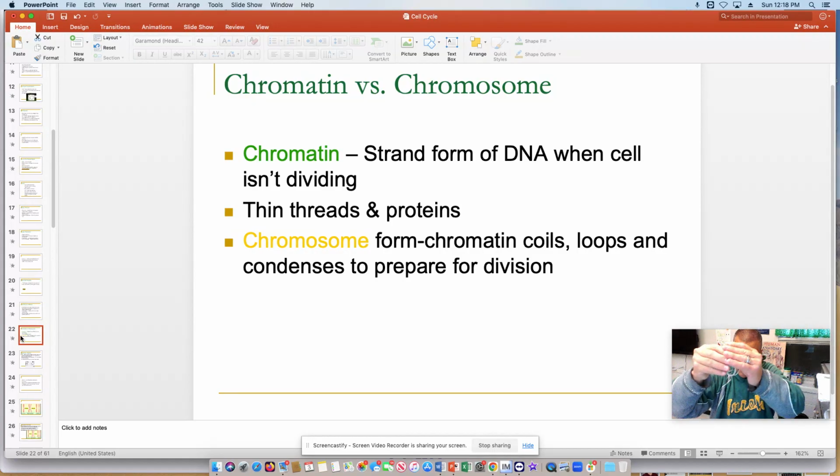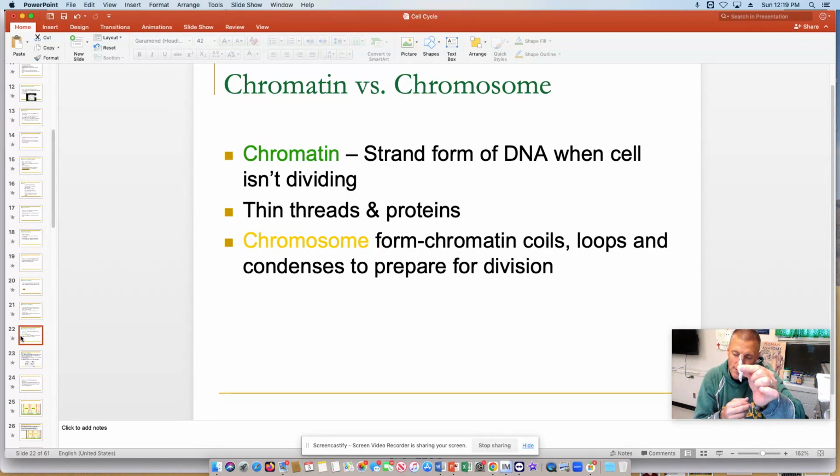Now when a cell gets ready to divide, it needs to compact that, and so that loose combination of thread gets coiled and rolled and looped and condensed to make something called a chromosome. We talked briefly the other day about why that's important: if you have this loose thing and you just haphazardly cut it in half, it would be hard to think that we would get the right portion in each new daughter cell.